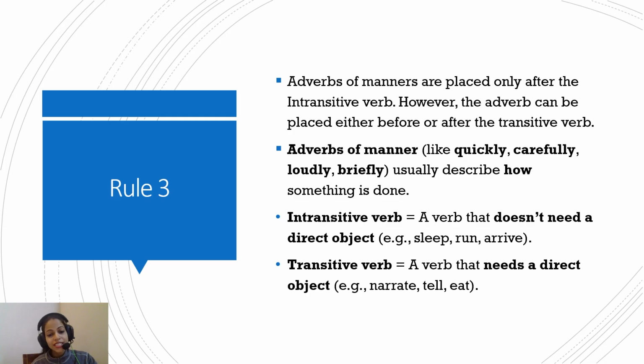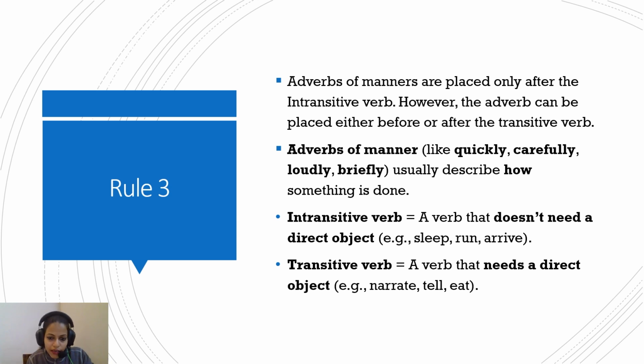Now, what is an intransitive verb? A verb that doesn't need a direct object. For example, sleep, run, arrive. In order to better understand what an intransitive verb is, we need to first understand what a transitive verb is. A transitive verb is a verb that needs a direct object. For example, narrate, tell, eat. For narration, you have to have somebody, an object of narration, somebody to whom the narration is done.